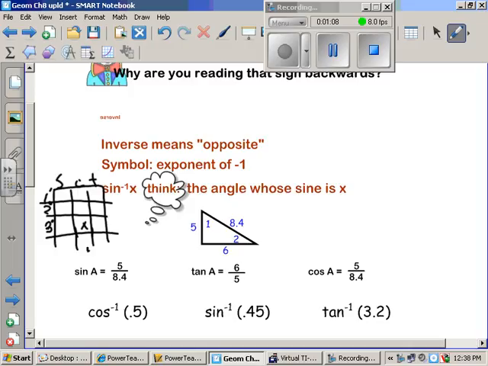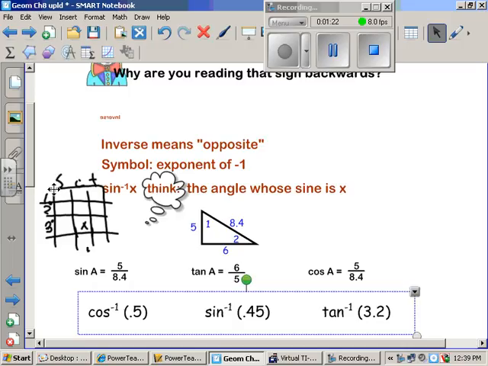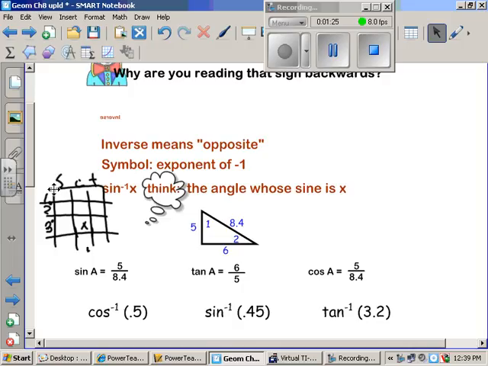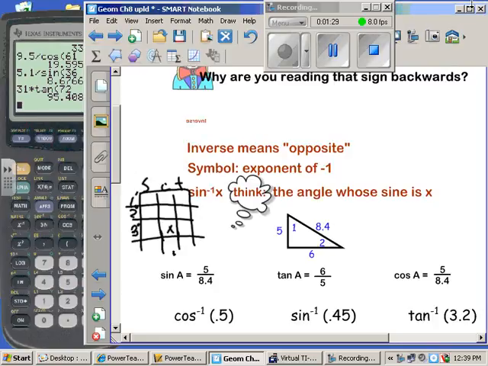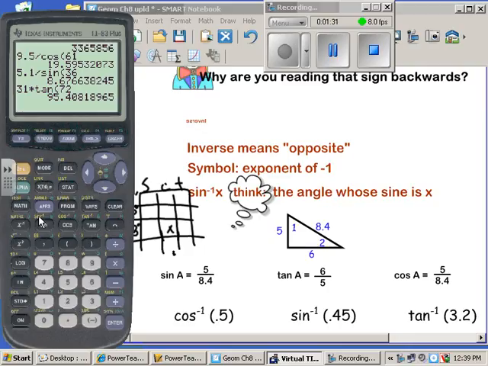If you already know the decimal that's in this box, it goes over and looks and sees what angle that is. Okay? So without using triangles for a second, if I just want to find the inverse cosine of 1/2, I do second function cosine, because you see right above the cosine is inverse cosine.